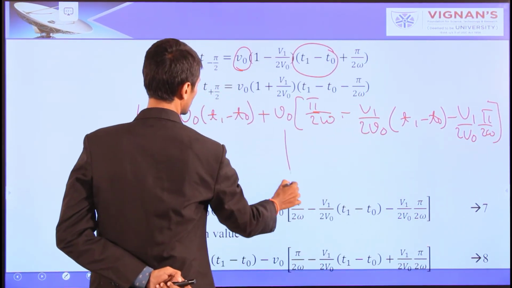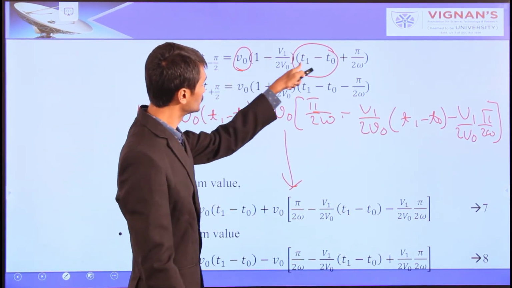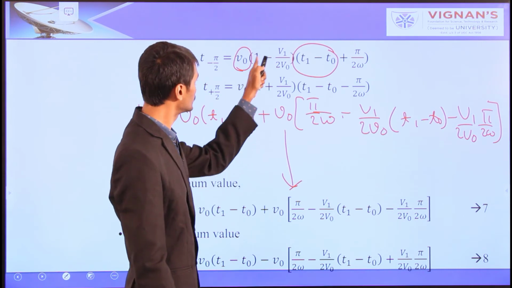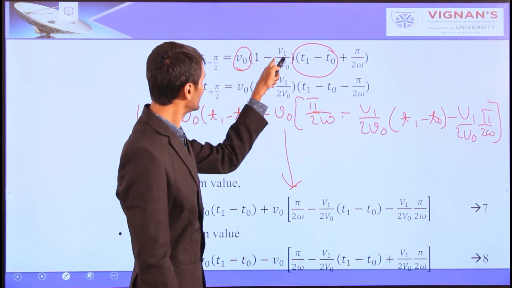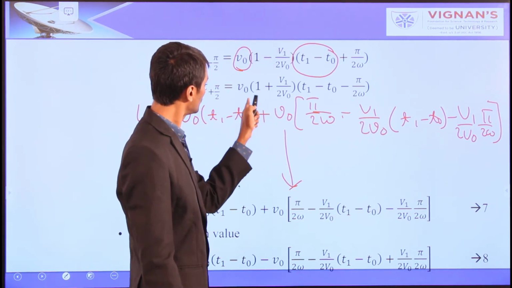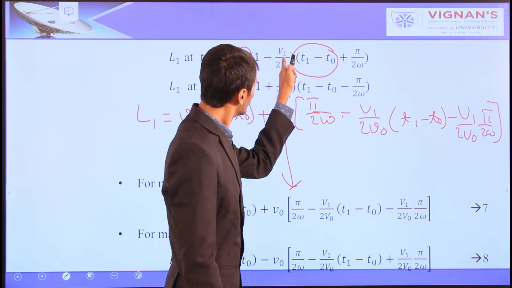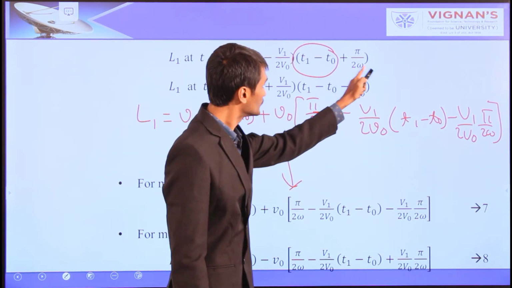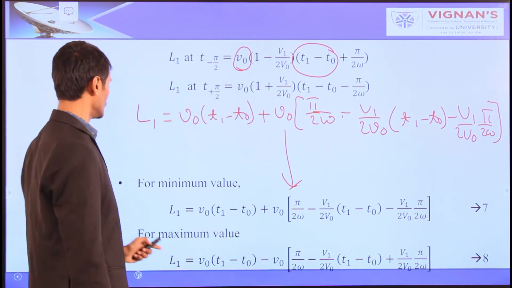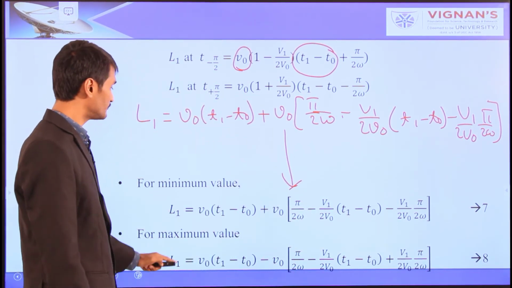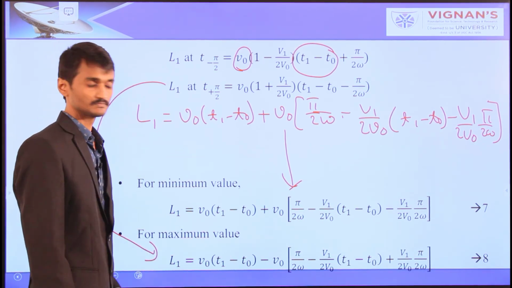That we have considered as equation 7. See, V0 into 1 into T1 minus T0 plus V0 into 1 into pi by 2 omega, V0 is common, minus V1 by 2 V0 into T1 minus T0, V1 by 2 V0 into pi by 2 omega. Okay, that is equation 7, the minimum value. For the maximum value we have to solve the same way, so the maximum value will come like this.